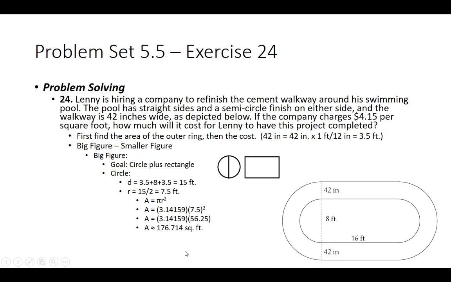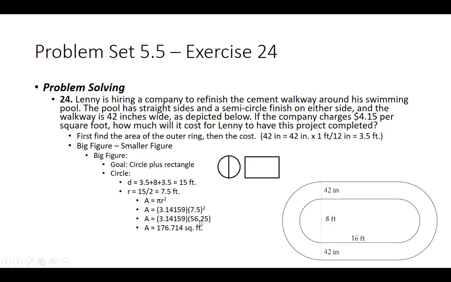For the area calculation, we would need the radius, though. Half of the diameter gives us the radius. Half of 15 is 7.5 feet. So the area is pi times the radius squared. That's 3.14159 times the square of 7.5.